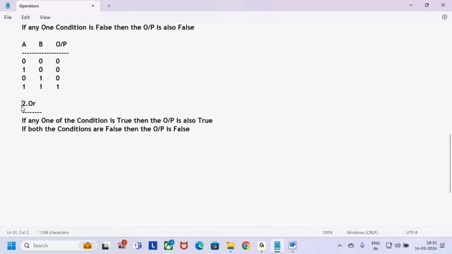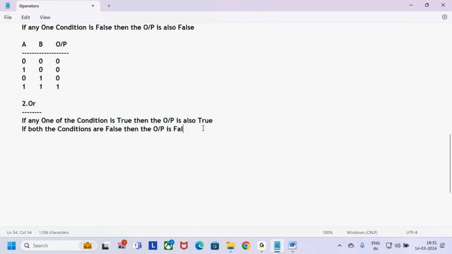So in the OR operator, when we get the output as true means whatever the conditions you are defining, if any one condition is true, then automatically you'll get the output as true. When the output is false, if both the conditions are false, then the output is also false.